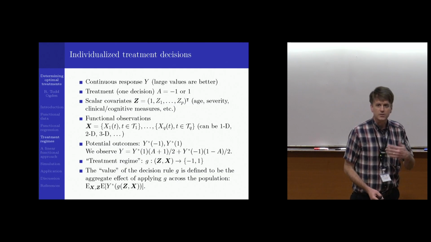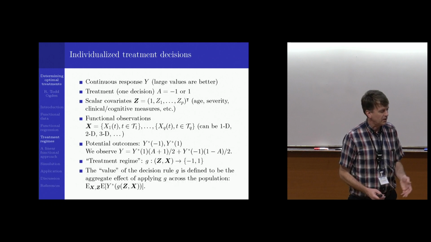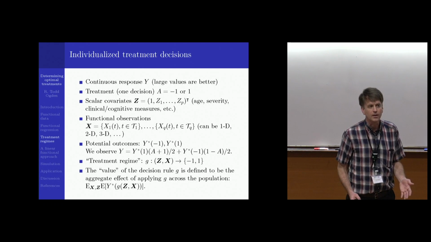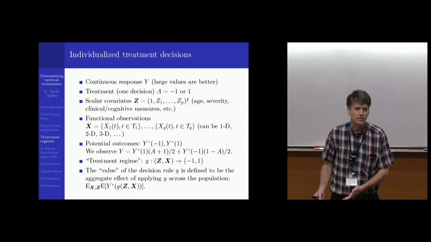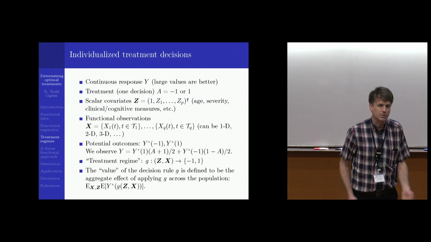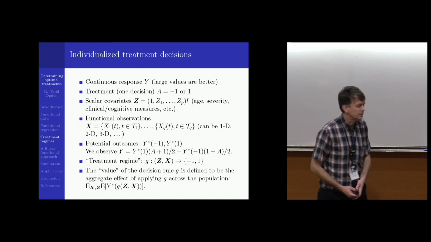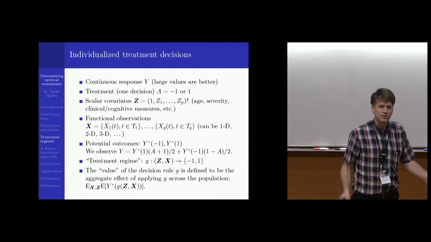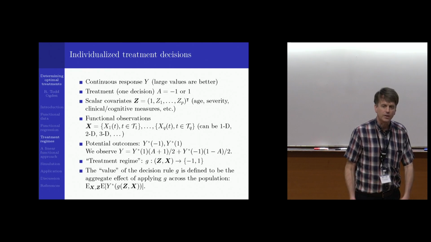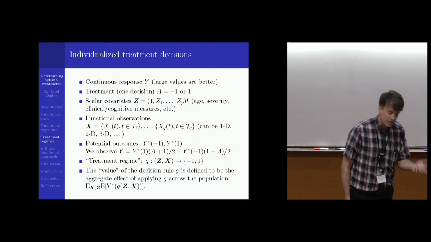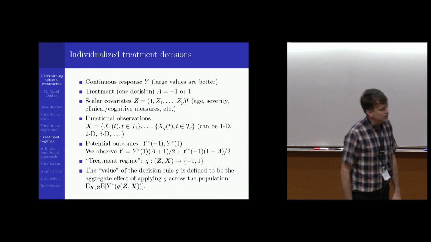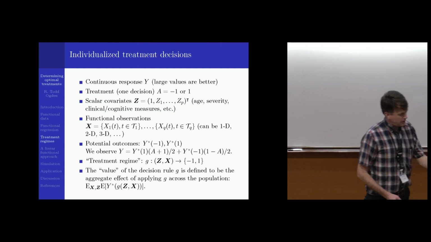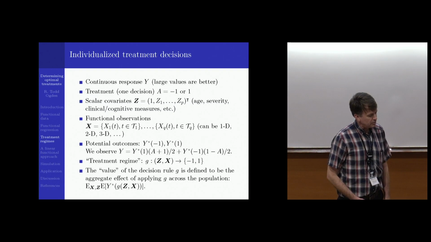For instance, with the actigraphy data, I might have one profile for a weekday and another profile for a weekend, because your activity patterns are probably different on weekdays versus weekends. Or, if you had enough data, you could split it: you have a Monday pattern and a Tuesday pattern. Some people go to the gym Monday, Wednesday, Friday, something like that. Yeah, we're going to allow more than one functional predictor.